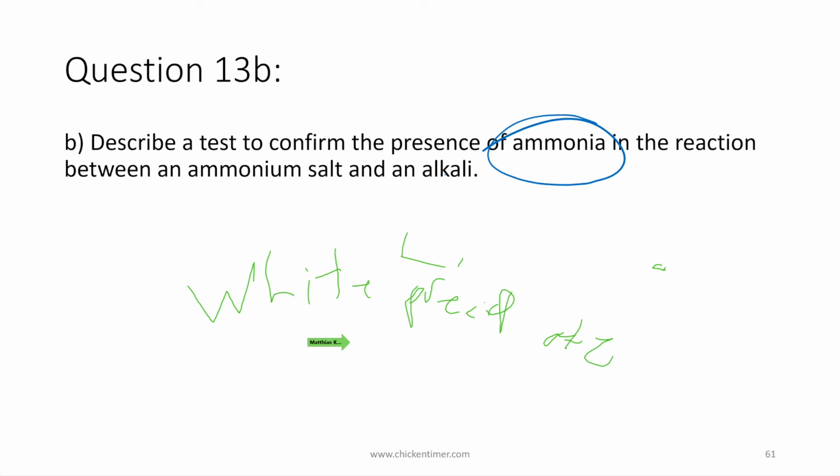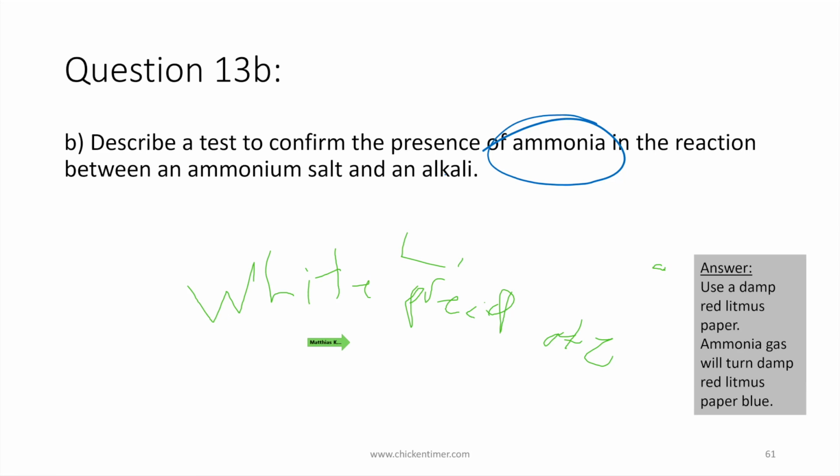White precipitate is the limewater test for carbon dioxide. Lighted splint is the test for hydrogen, and glowing splint is the test for oxygen. So now is the test for ammonia. They only taught the lighted splint and the white precipitate, so I'll tell you and you just keep that in mind.